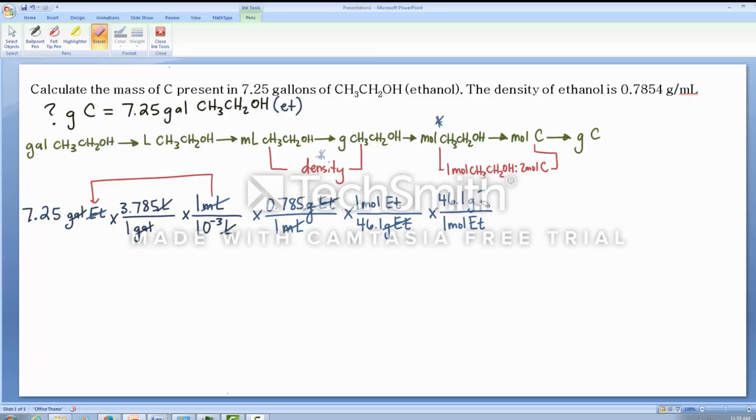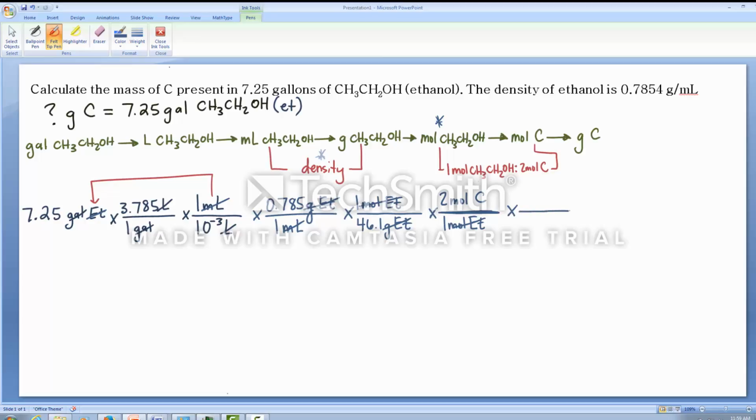Oops, my correction. That's 1 mole of ethanol equals 2 moles of carbon. And that came directly from the chemical formula. This ratio of 1 mole of CH3CH2OH to 2 moles of carbon.